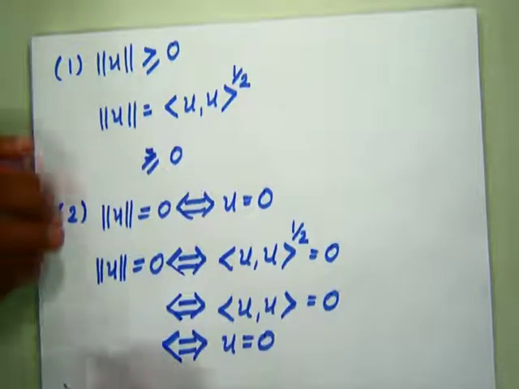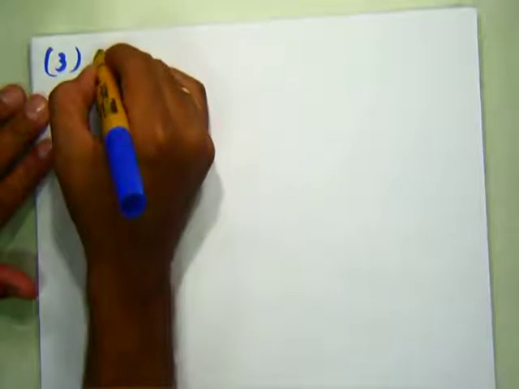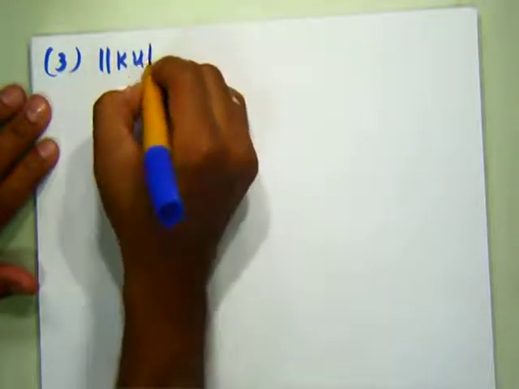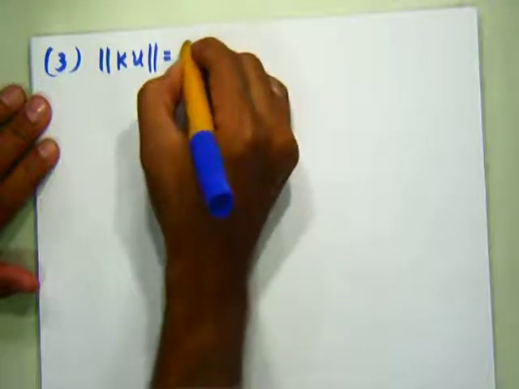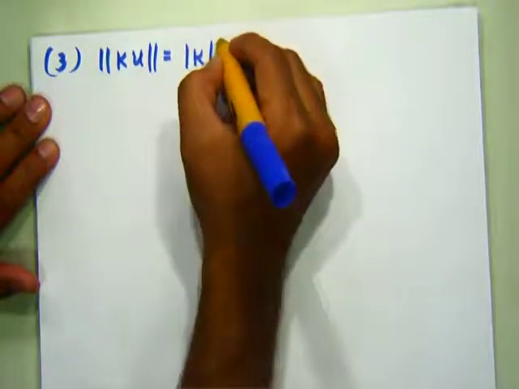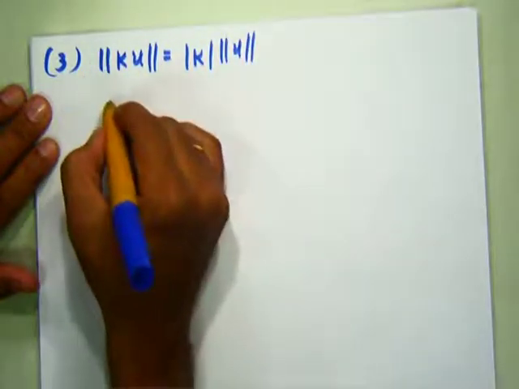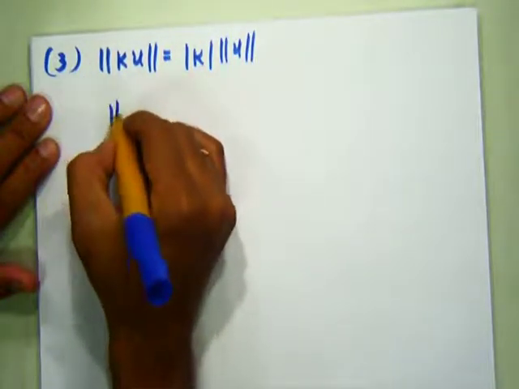Now the third property. The third property is that the norm of KU is equal to the modulus of K times the norm of U. Start with the LHS.